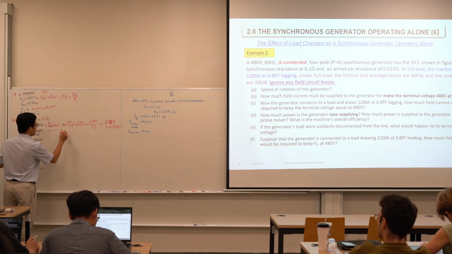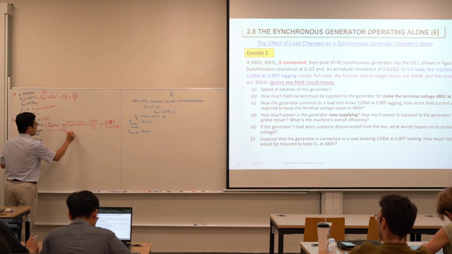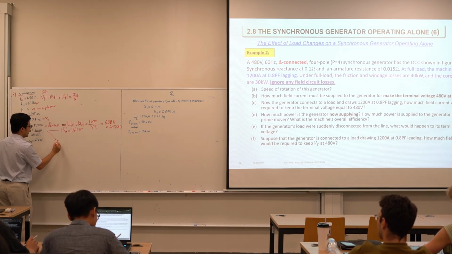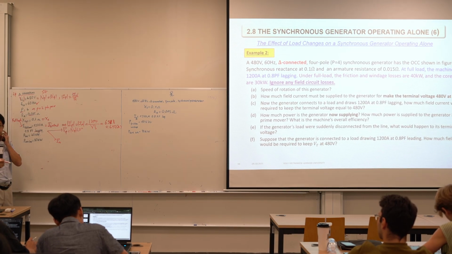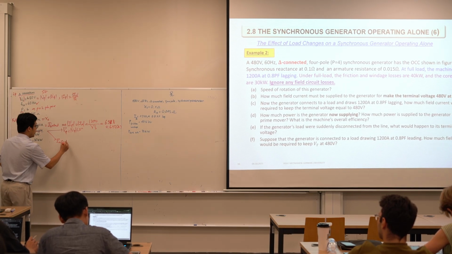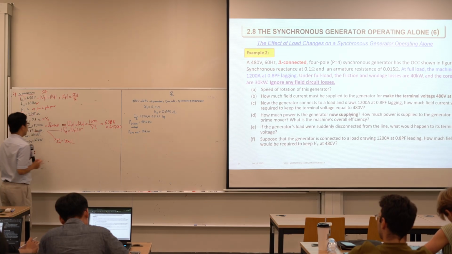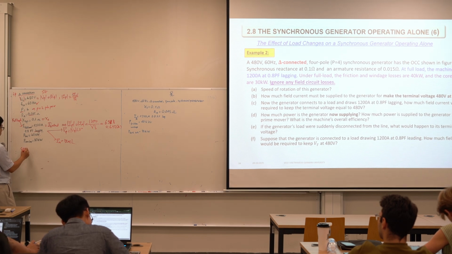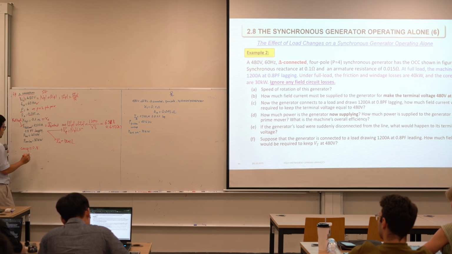Lucky means if V phase is at 0 degrees, here is IA. Will you be with me? So IA is what? How about the phase angle? We have power factor, that means cosine theta is 0.8.